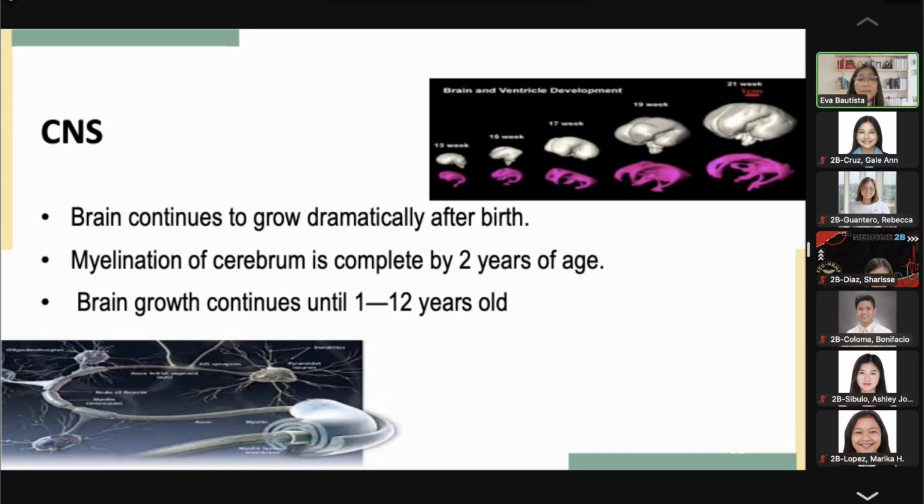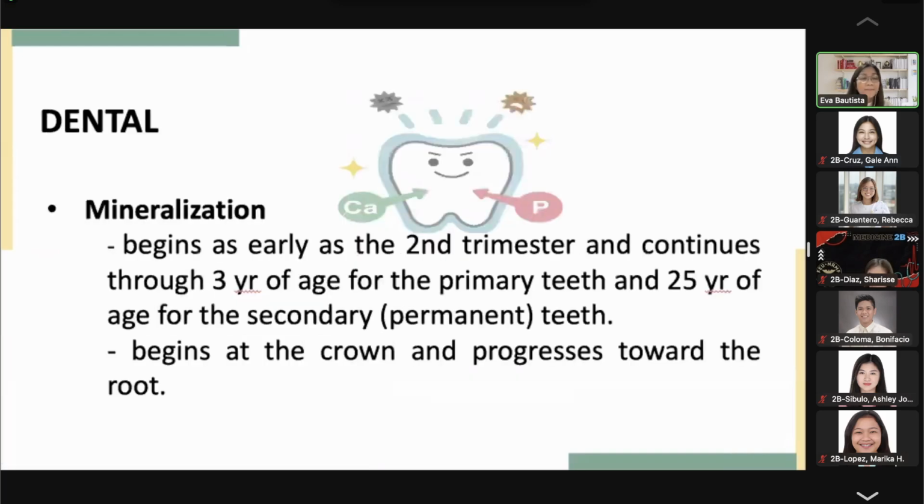The brain continues to grow until 10 to 12 years of age, with an increase in the size of the head due to the development of air sinuses and the thickening of the scalp and the skull.